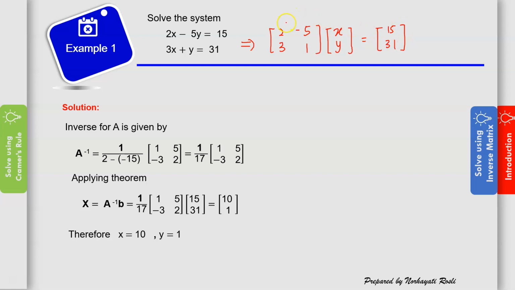If we refer back to the introduction, this is our A, the coefficients of x and y, this is the unknown x, and this is vector B.